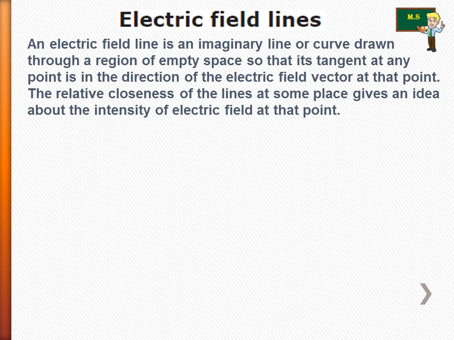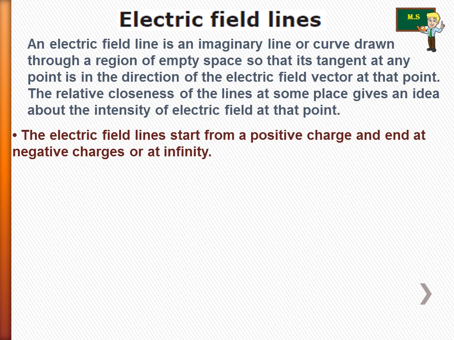The electric field line is an imaginary line or curve drawn through a region of empty space so that its tangent at any point is in the direction of the electric field vector at that point. The relative closeness of the lines at some places gives an idea about the intensity of the electric field at that point. That means we can feel the electric field in a particular region.